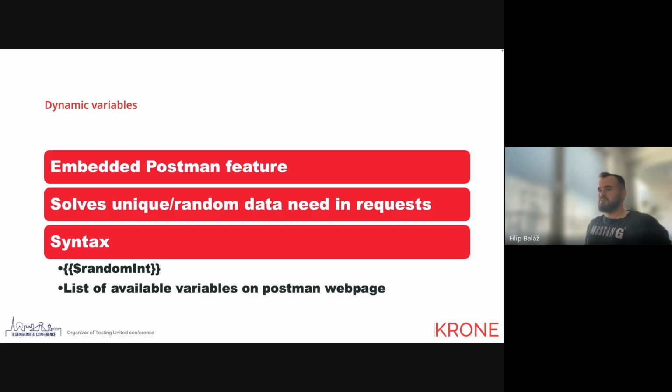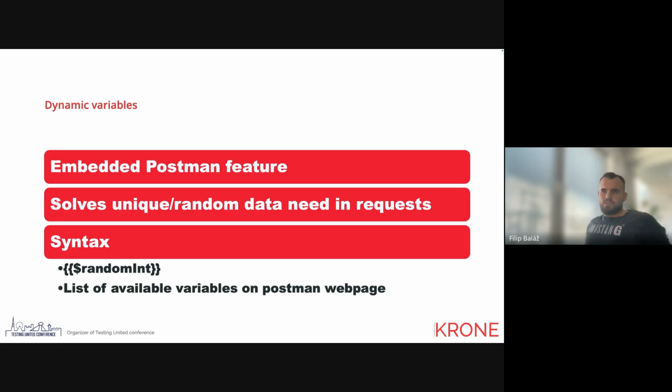And most of the time you have used some external JavaScript or Java libraries, depending on what programming language you are using. For example, in SoapUI, it was Groovy, so Java. And you have used some code for it, and you don't need this in Postman. I will show you why.